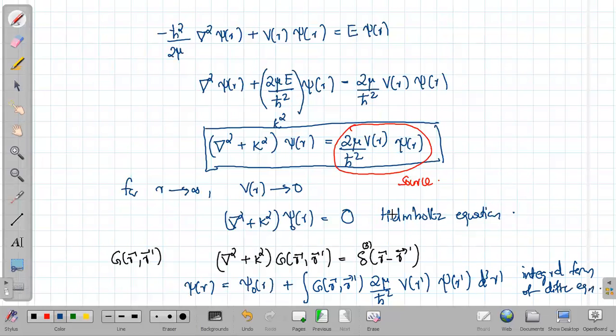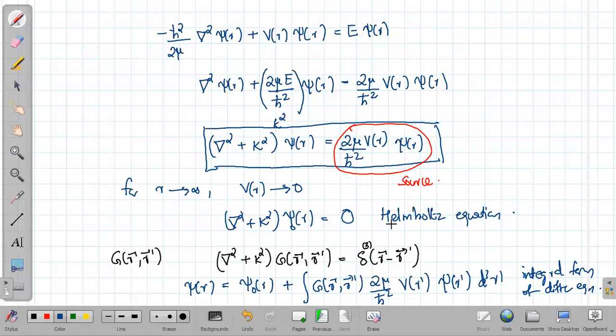So you can convert a differential equation into an integral equation using the Green's function. And once you find the Green's function, it is possible to find the solution for that differential equation using some approximations.